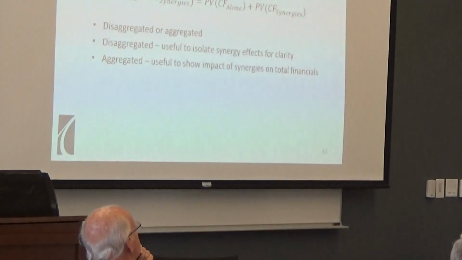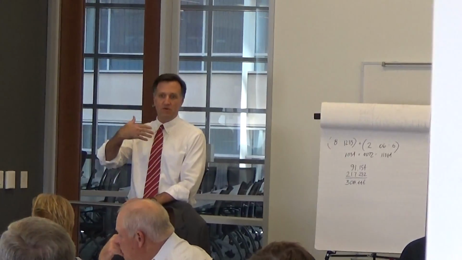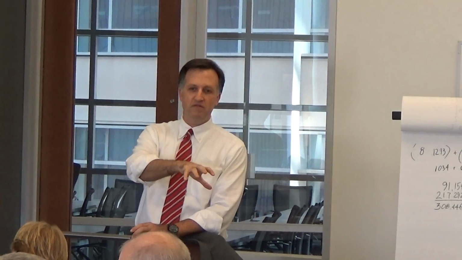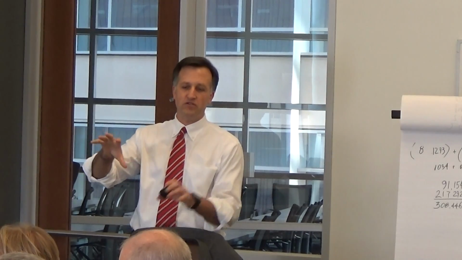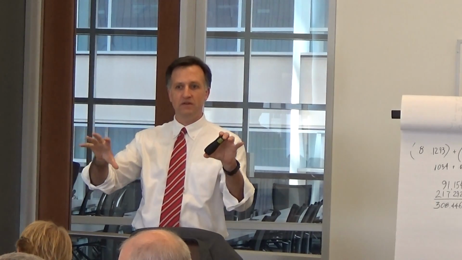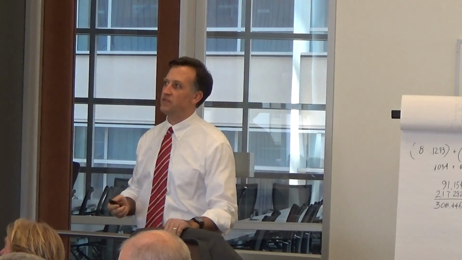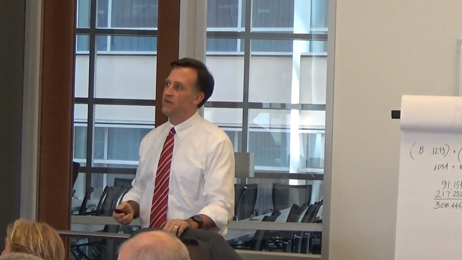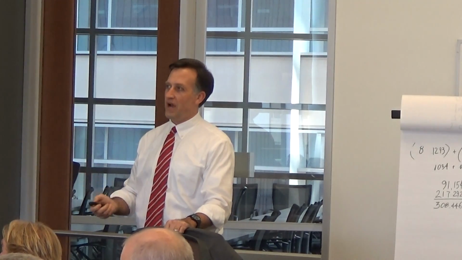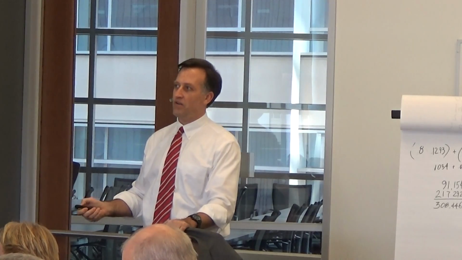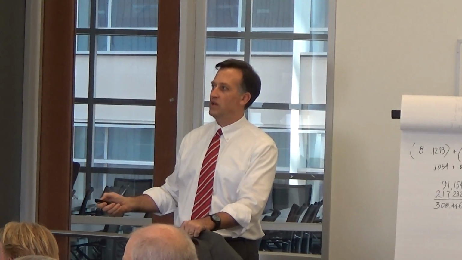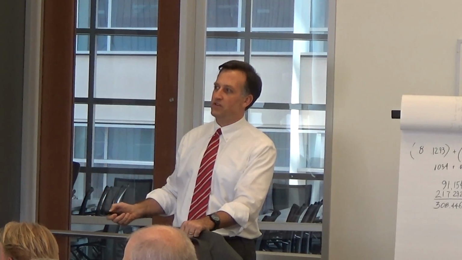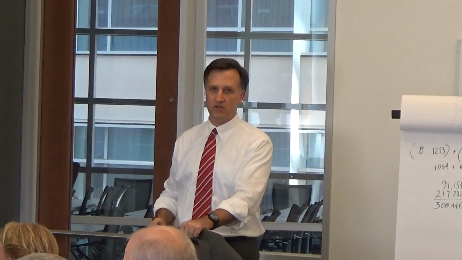I think it's always best to create a separate, independent valuation of the company and then value the synergies separately, because you can look at each and how they're contributing to the total value of the company. Here's the purchase price you're going to pay as the acquirer. The value of the target standalone, plus the value of the in-place synergies, plus the value of the contingent synergies.